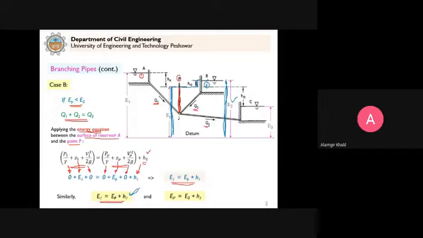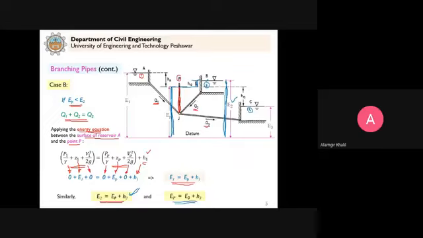Similarly, when you apply the energy equation between point P and a third point here, point 3, then in that case EP is equal to E3 plus H3.